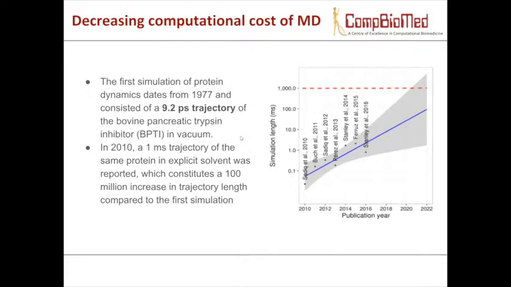It is in the interest of us to keep growing that time scale threshold in order to be able to study different biological events.